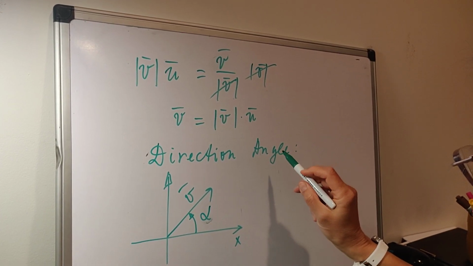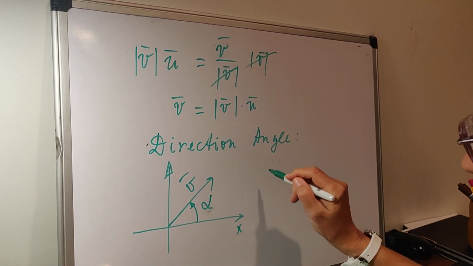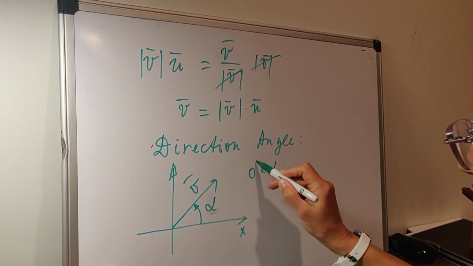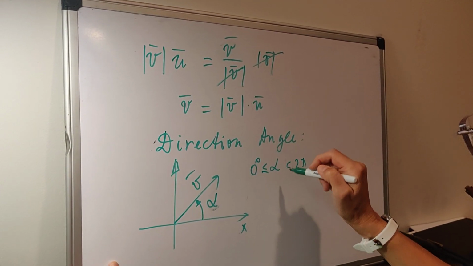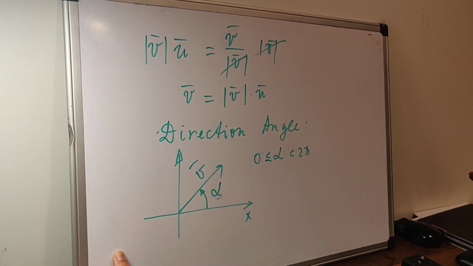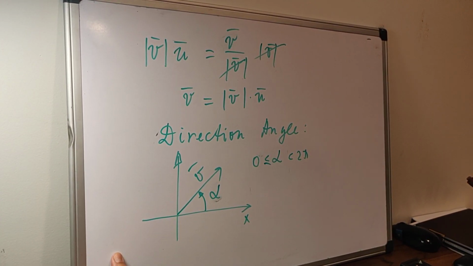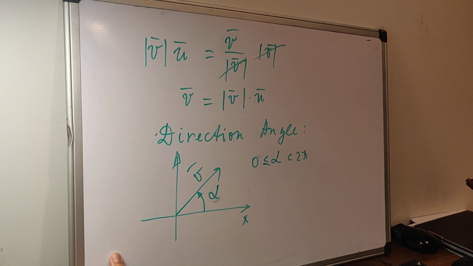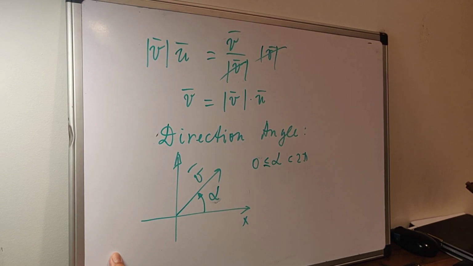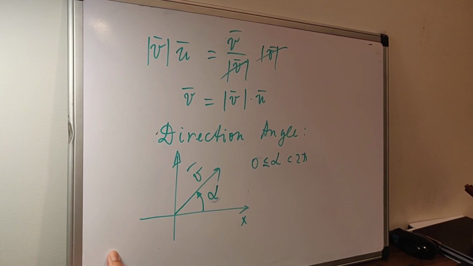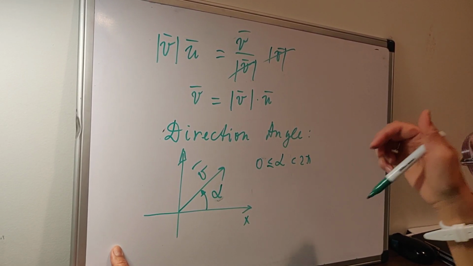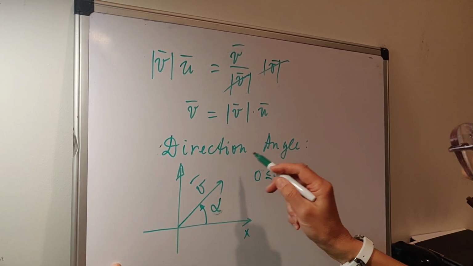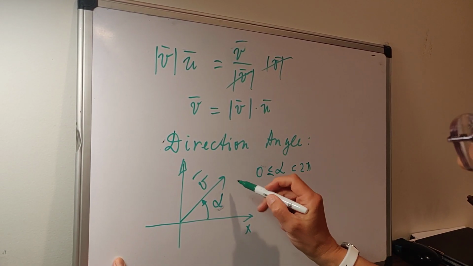We are going to call it direction angle. Direction angle is supposed to be between 0 and 2 pi. Okay? So maybe not 0 degrees if I'm using radians. So it's from 0 to 2 pi. We're not going to allow it to go negative, or more than 2 pi, that makes no sense, right?